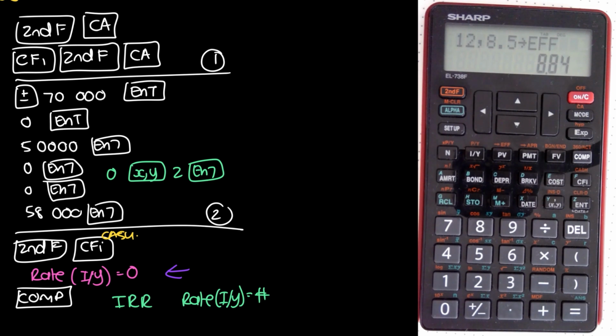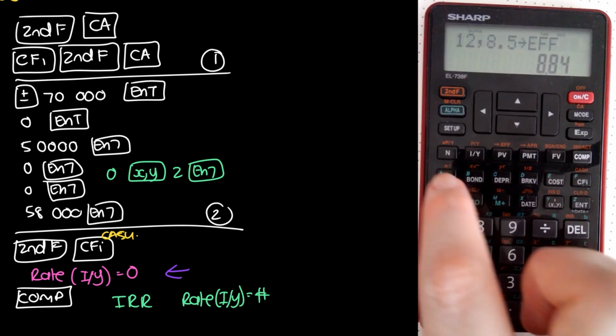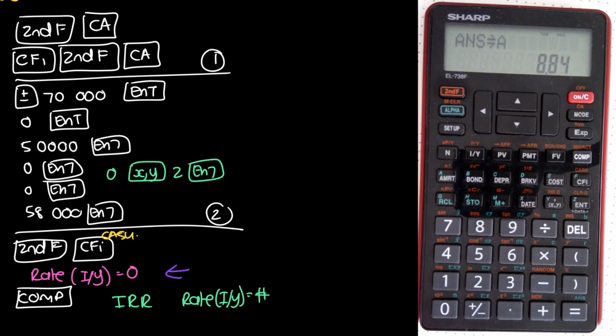So EFF is the effective interest rate. So it's 8.84. And what we're going to do now is store this value in A, so that after we input our data, we have the amount to input for the IY part of the calculation.